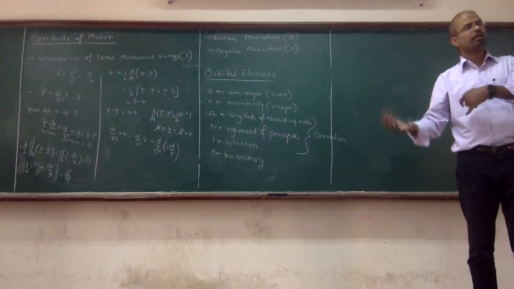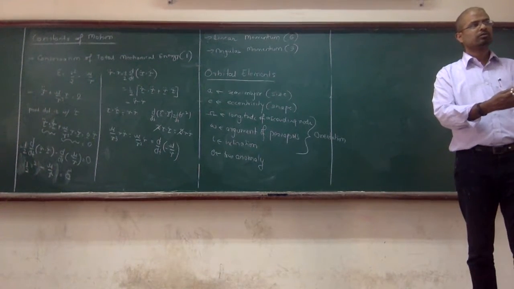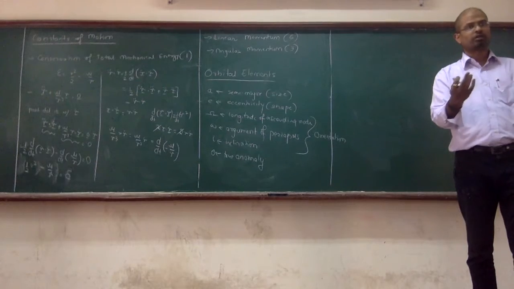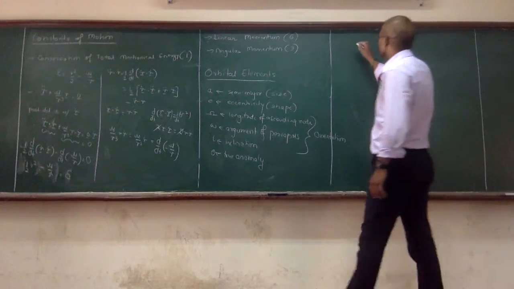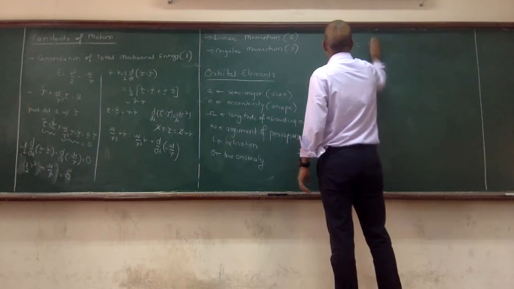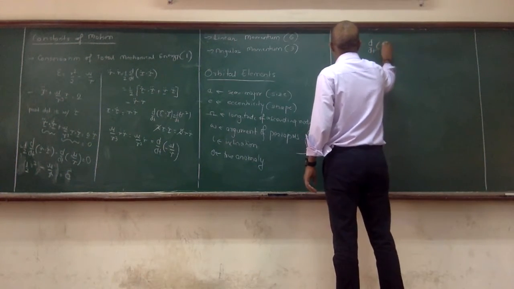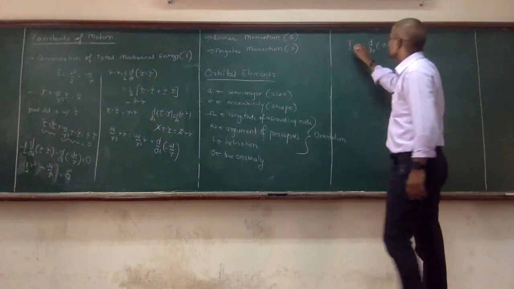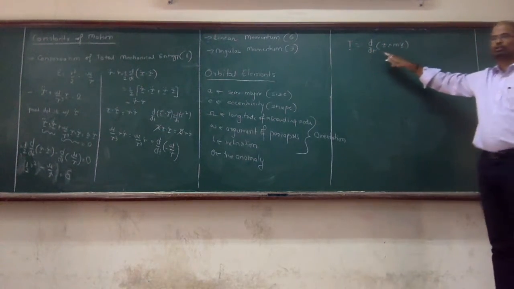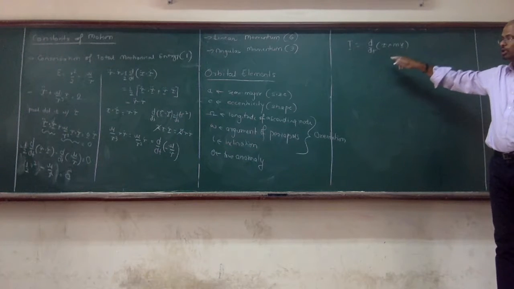The rate of change of angular momentum, which is rotational, is d over dt of r cross mv. So this is torque.